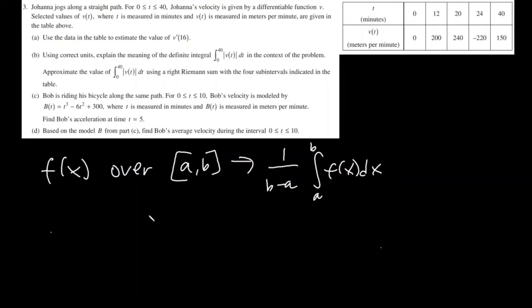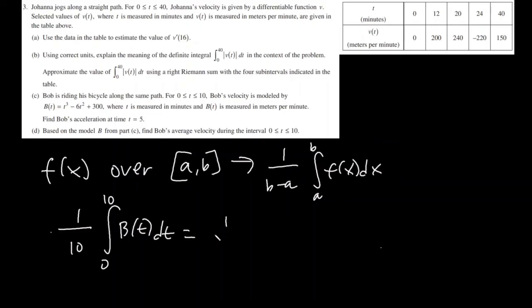Now if we want to find the average value of B across the interval from 0 to 10, a is 0 and b is 10, so b minus a is 10, times the integral from 0 to 10. Instead of f of x, we'll put B of t.